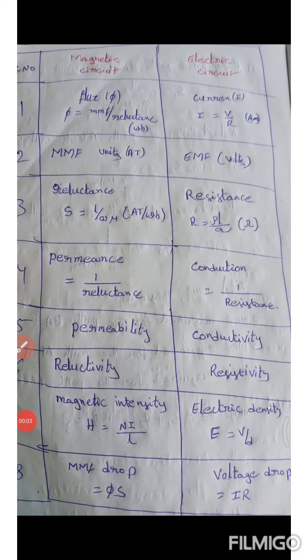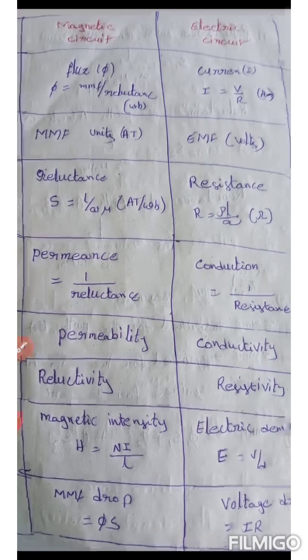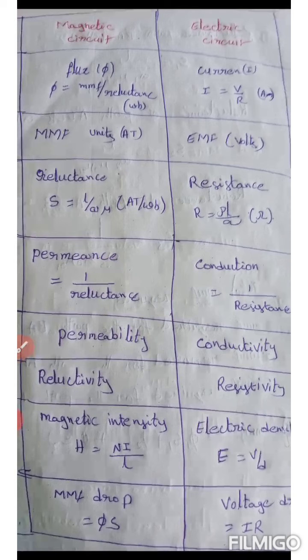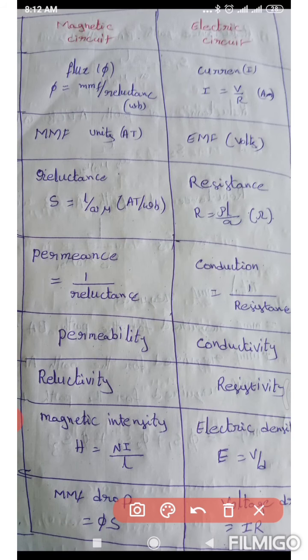So students, the analogy between the magnetic and electrical circuit is tabulated as shown on the screen. So what is the analogy of the magnetic and electrical circuit? If you take the electrical circuit, a current I is flowing through the entire circuit, expressed as voltage by resistance.